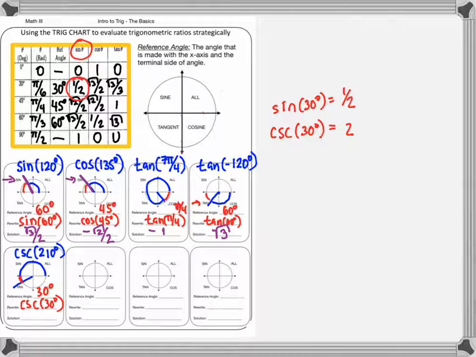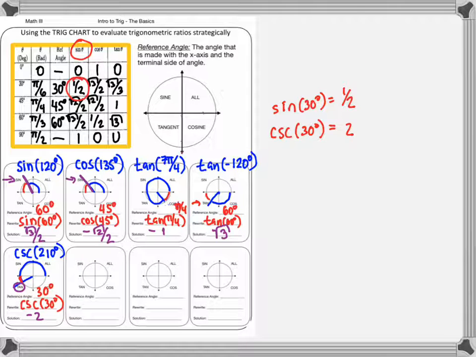We also have to keep in mind that this is in tangent territory, so it has to be negative, because only tangent and cotangent are positive in the third quadrant. So that is going to be a -2.